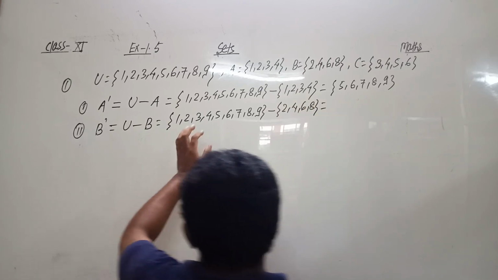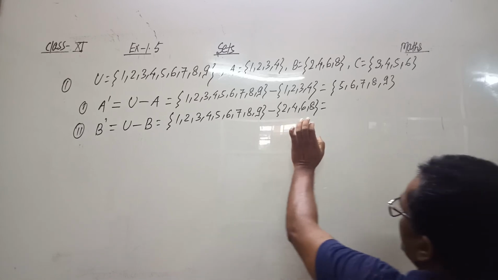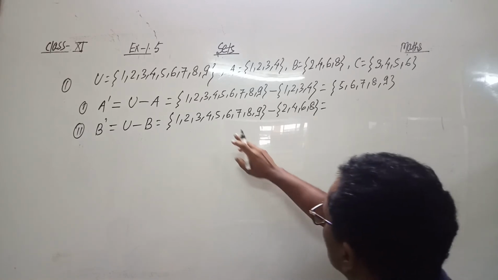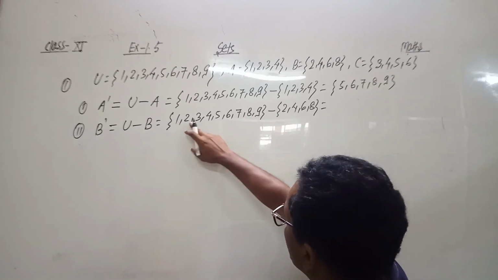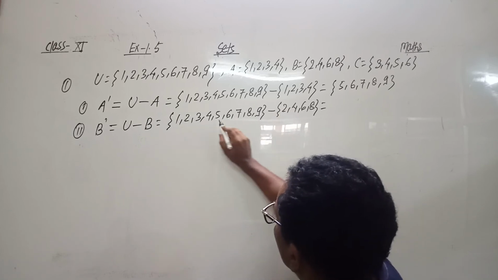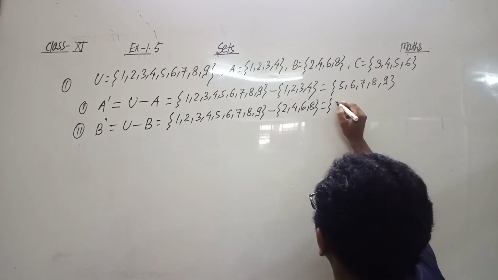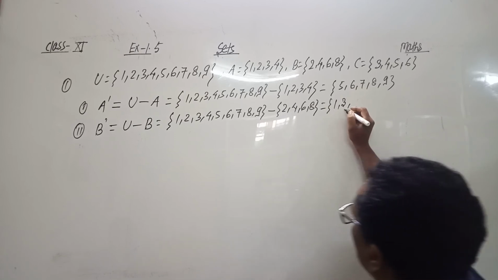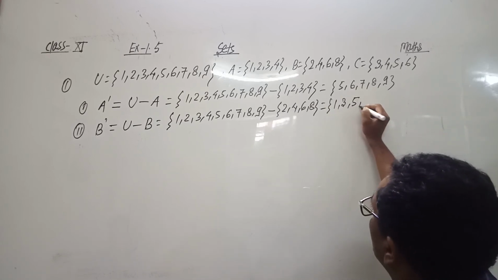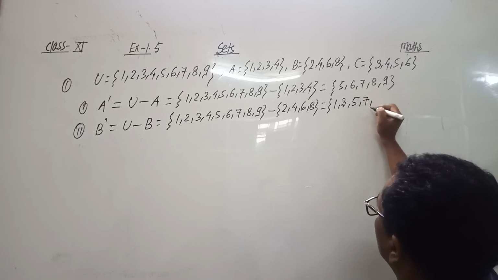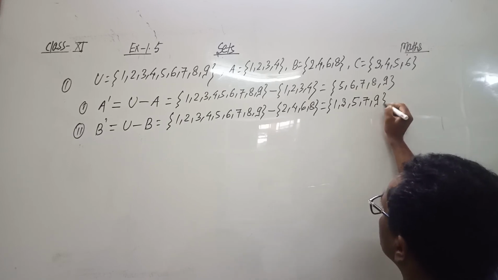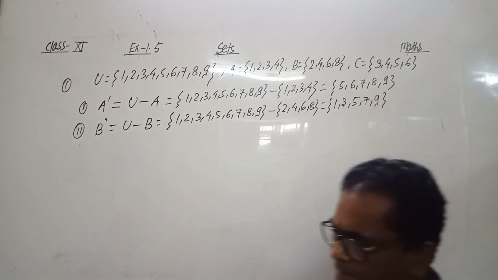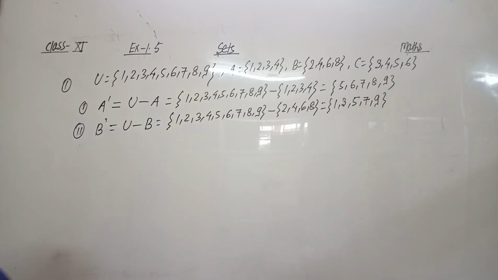So those elements of U which are not in B. So 2, 4, 6, 8 are available. So what is not available? 1 is not available. 3 is not available. 5 is not available. 7 is not available. And 9 is not available. So the result is 1, 3, 5, 7, 9.